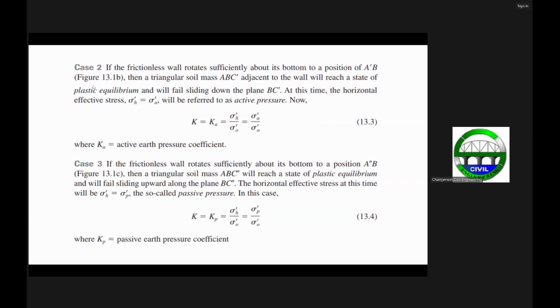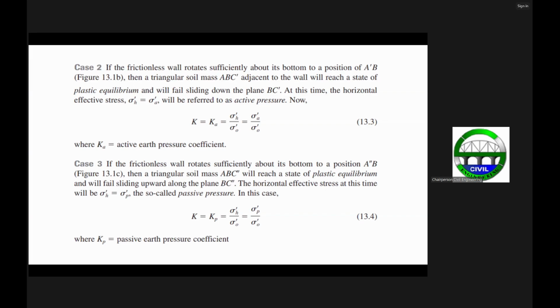At this time, the horizontal effective stress, sigma prime H, will be equal to sigma prime sub A, where sigma prime sub A is referred to as the active earth pressure.